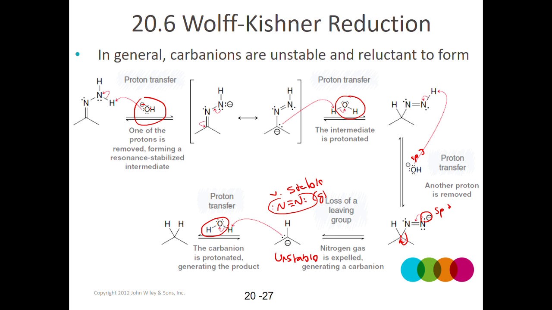So we use up an OH minus, regenerate an OH minus. Use up another OH minus by picking up a proton, and regenerate another one in the end. So here, the OH minus is acting as a catalyst since it's regenerated in the same amount that it was used up. And in essence, overall, we started with a carbonyl and we converted that into an alkane.